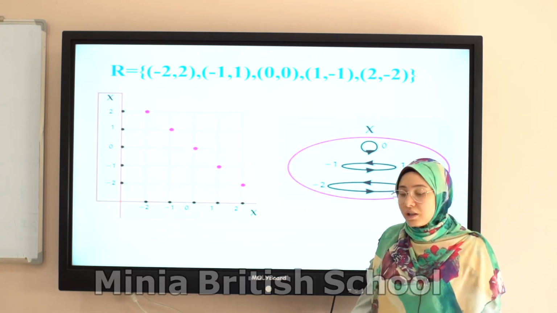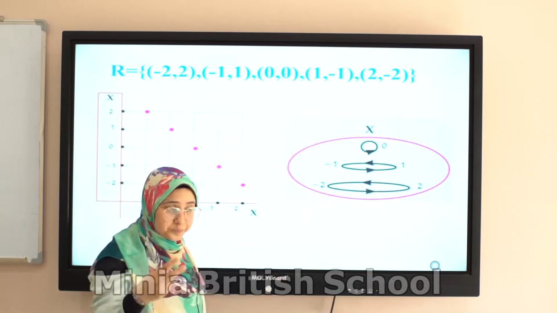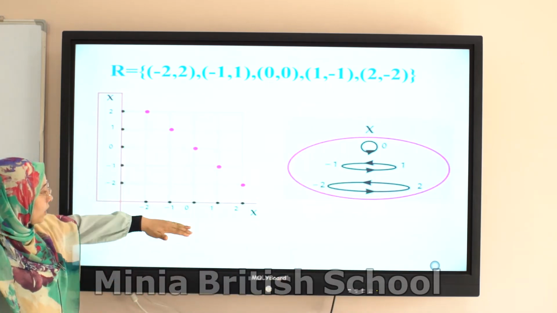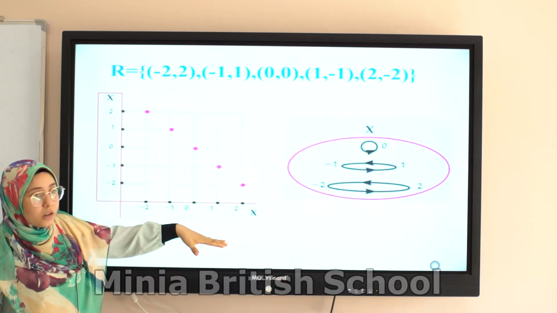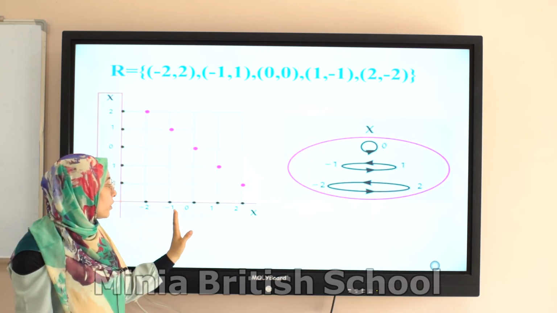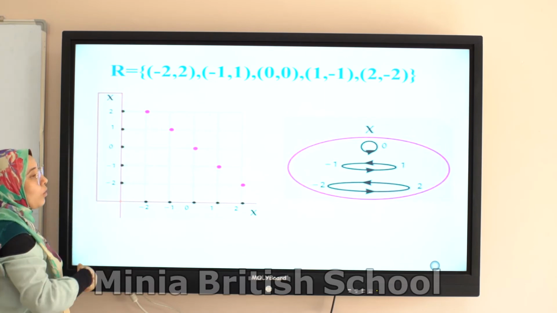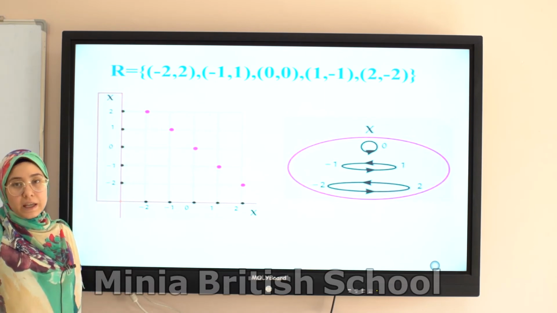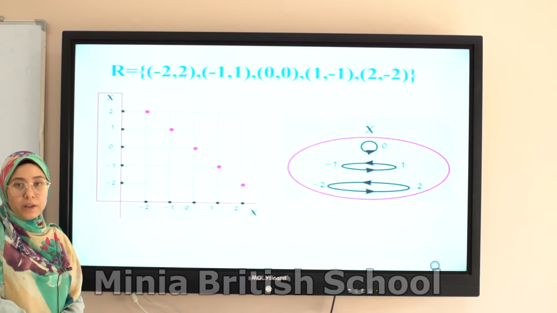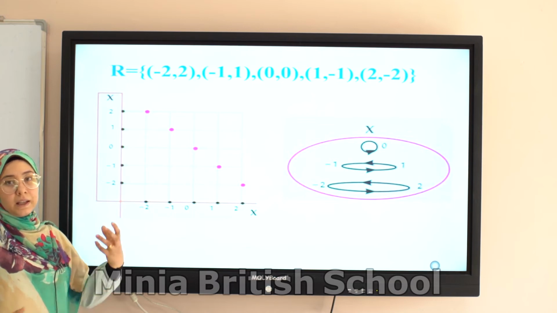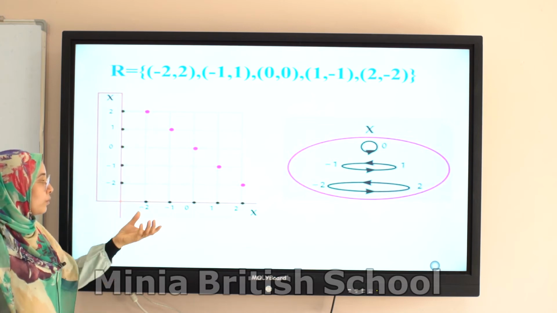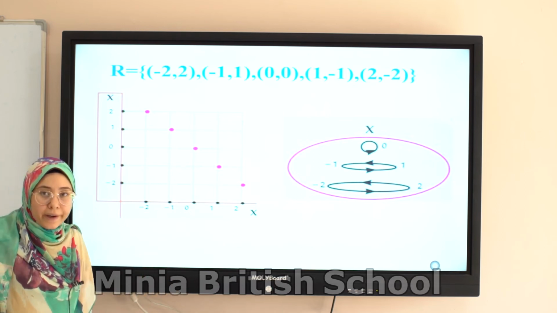In the Cartesian diagram, I have two lines, a horizontal line and a vertical line. On the horizontal line, I will write the set of elements X, and on the vertical line I will also write the set of elements X, because I have only one set, and A, P belong to set X, okay?